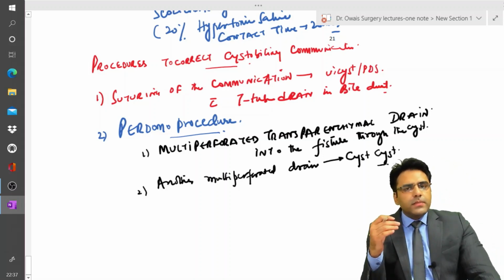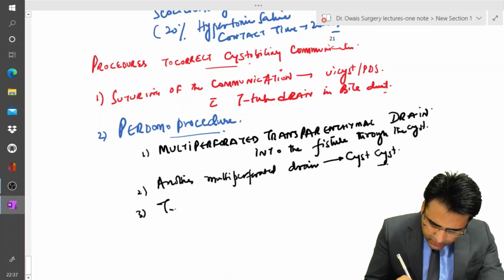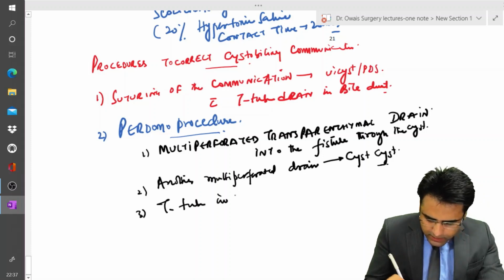So the first drain is placed into the fistula through the cyst, another drain is placed into the cystic cavity, and a T-tube is placed in the bile duct.